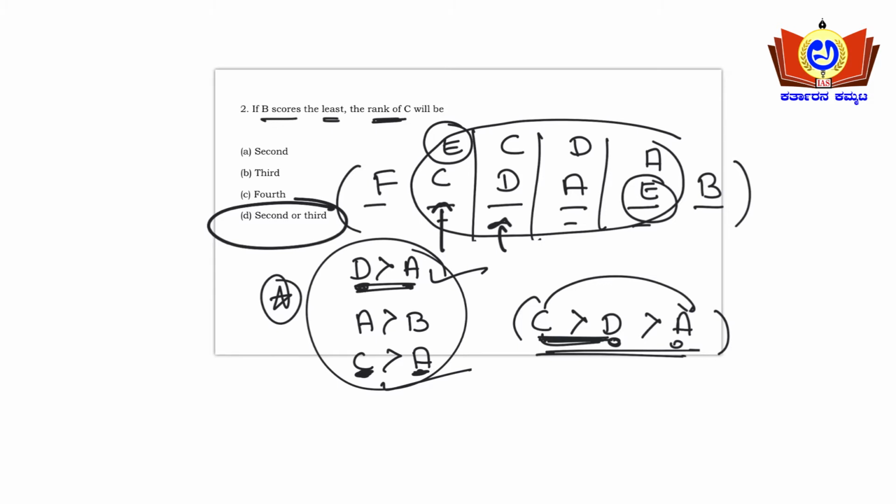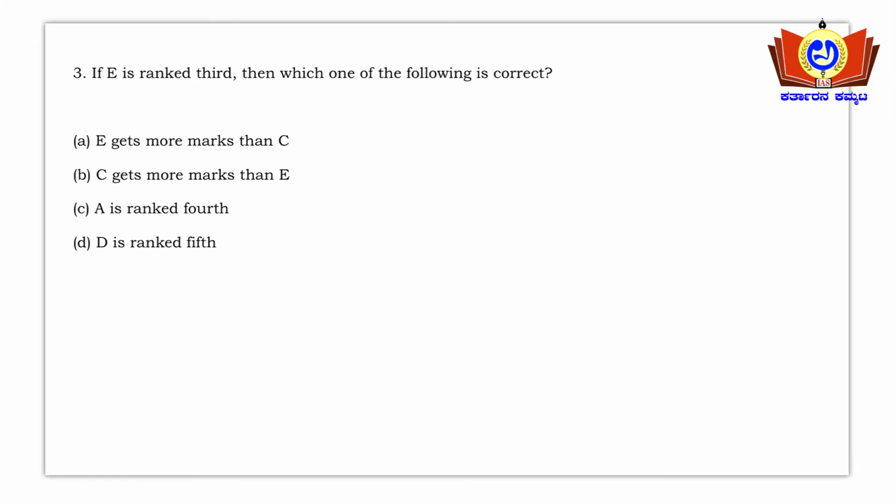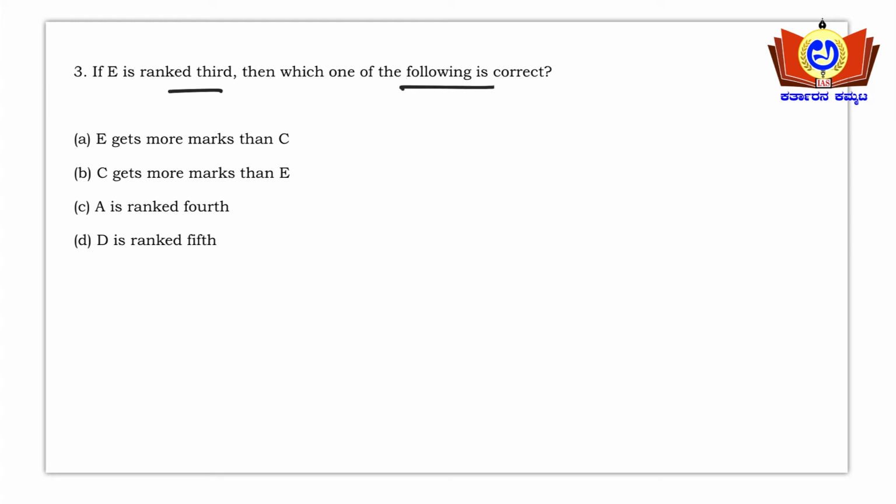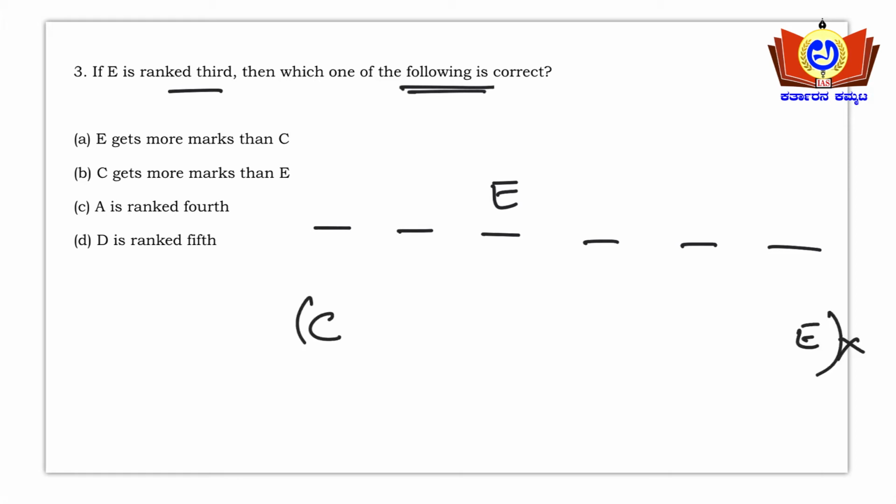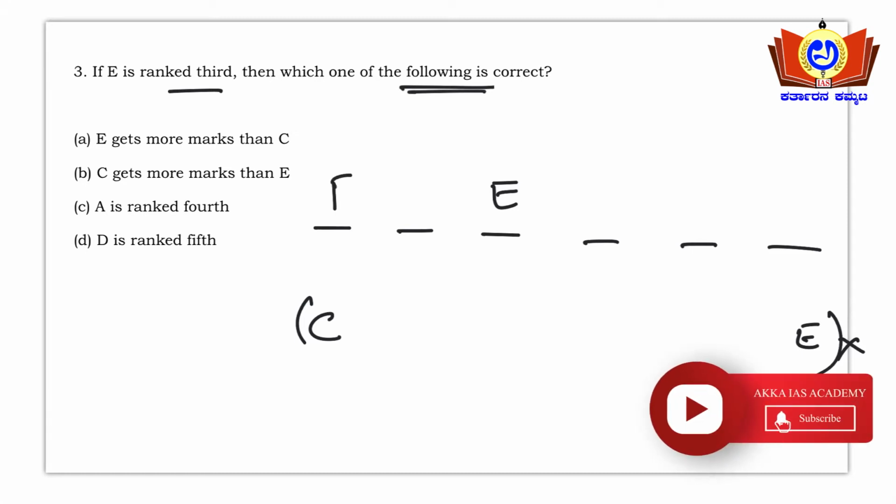Moving on to the next question. If E is ranked third, then which one of the following is correct? So 6 positions, 1, 2, 3, 4, 5, 6. The third position will be E. The first condition was, if C is greater, then E will be least, so this condition will not be carried forward. Hence F will be scored maximum and B will be scored least.